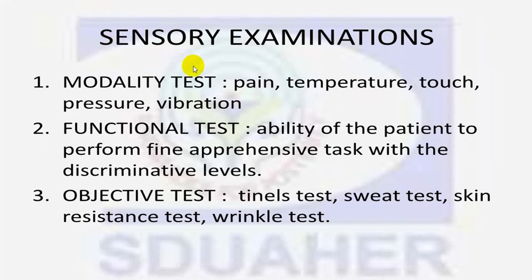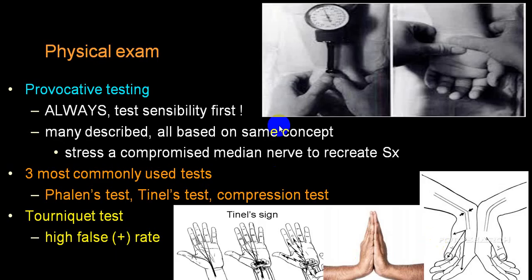So sensory examination will include modality tests. You test for pain, temperature, touch, pressure and vibration. Functional test is the ability of the patient to perform fine prehensile tasks at a discriminative level, and objective tests will be Tinel test, sweat test, skin resistance test, wrinkle test, and there are many other tests.